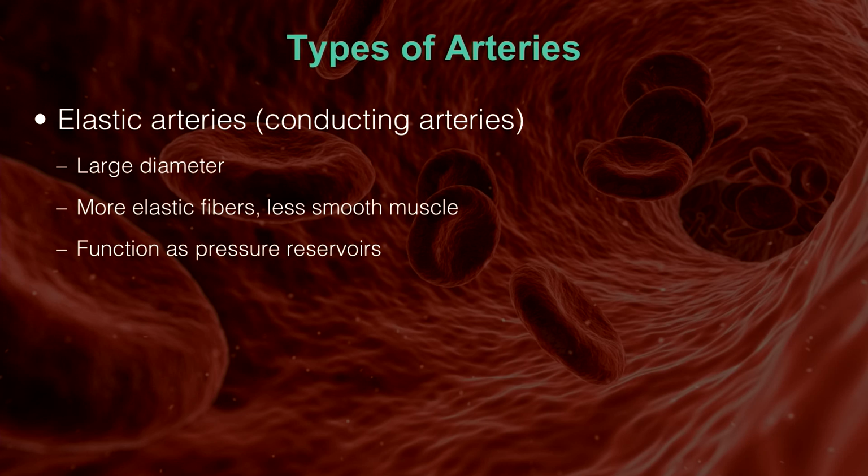The elastic fibers are what causes them to recoil and push blood further into the arterial system. And for that reason, we say they act as pressure reservoirs. They store up the potential energy of the heartbeat pushing blood into the arterial system.